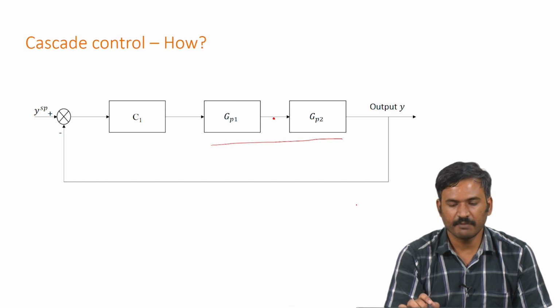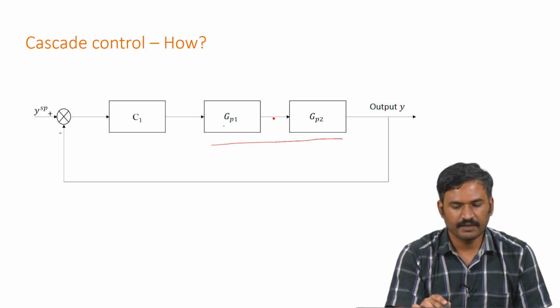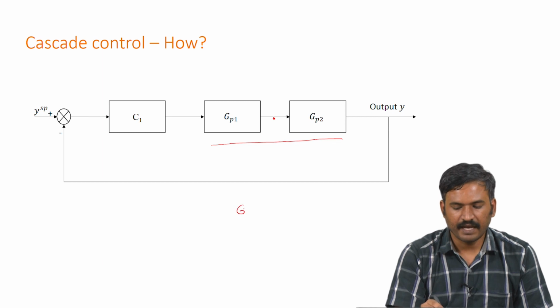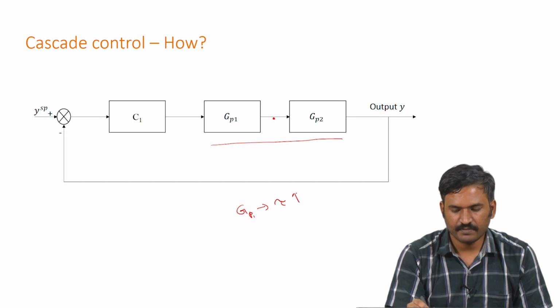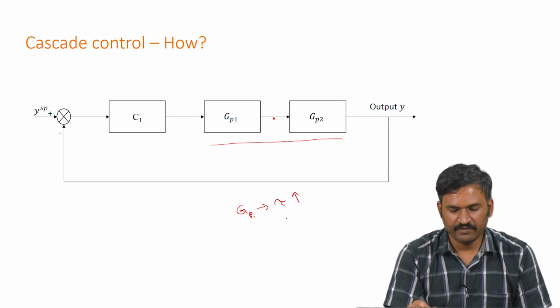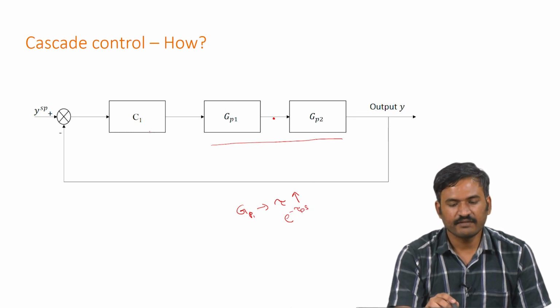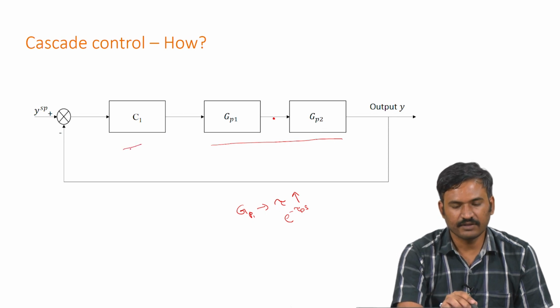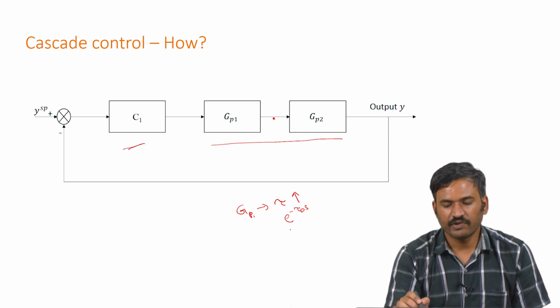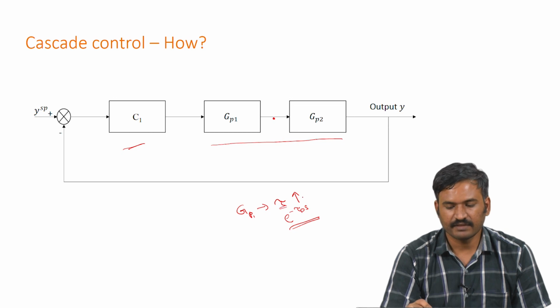So, the problem is if this GP1 has a higher time constant or if it has a sufficient amount of delay, then any effect of this controller will be felt only after this time delay or this residence time in the output.